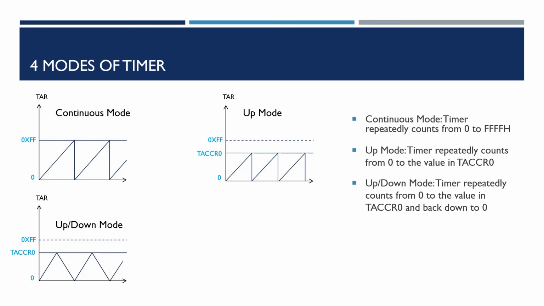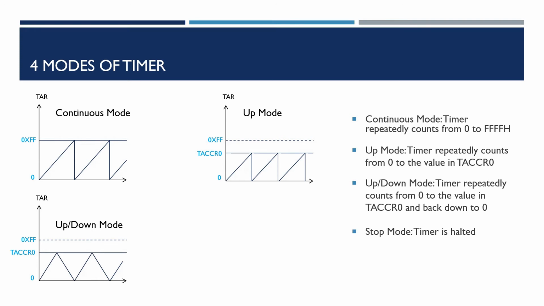Rather, it runs backward, and from TACCR0 goes to 0 in a sequential manner. So you get a symmetrical pulse instead of just a straight line. And this again is used for symmetrical pulse width modulation. And that's your up-down mode.